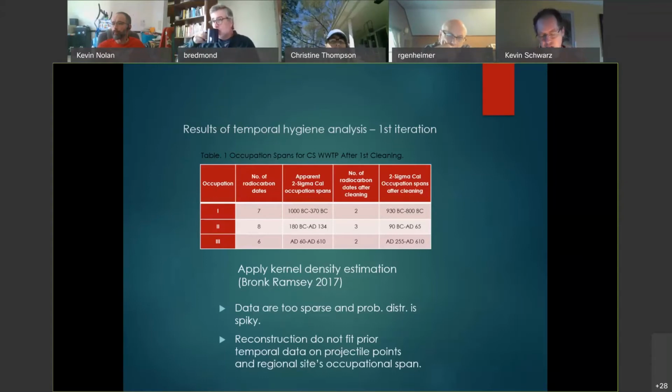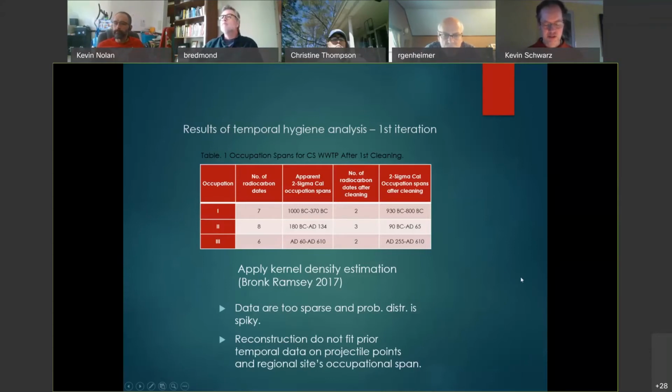All the conventional radiocarbon counting dates, but there were some problems with the dates because the data that were left were too sparse. There were only 2 or 3 dates left for each occupation, and the probability distribution, I'll show you in a second, was too spiky, whereas I had no information that the occupations were periodic.